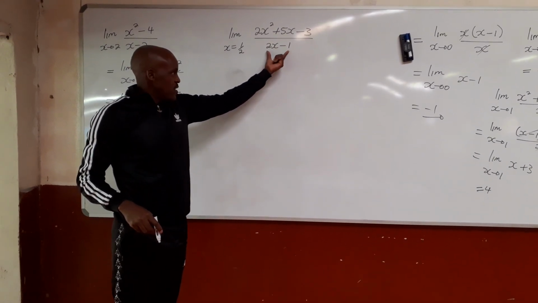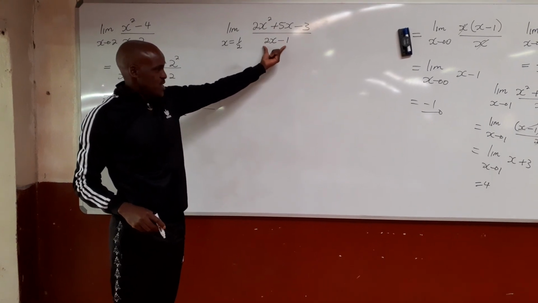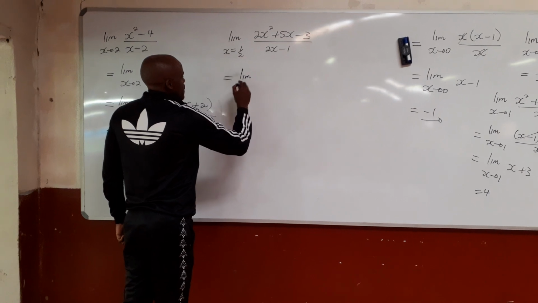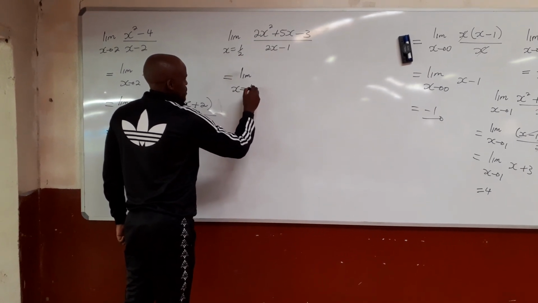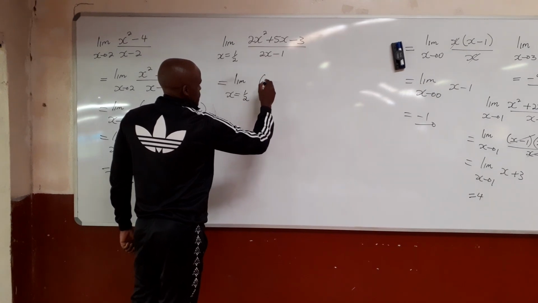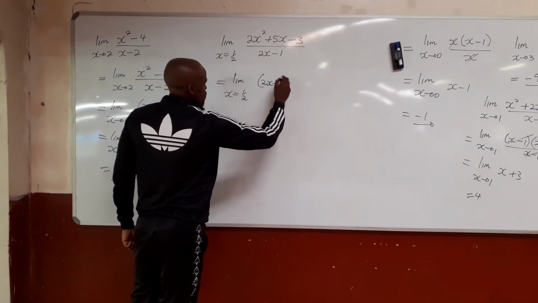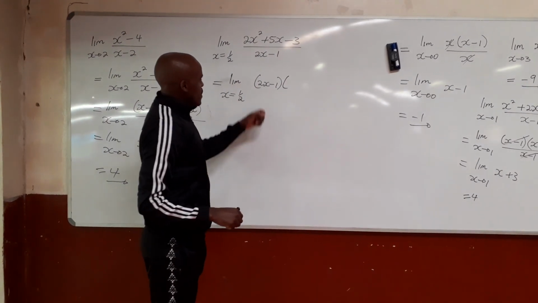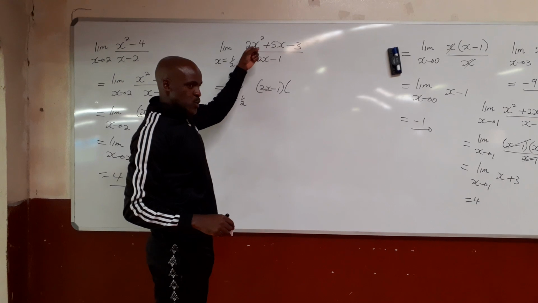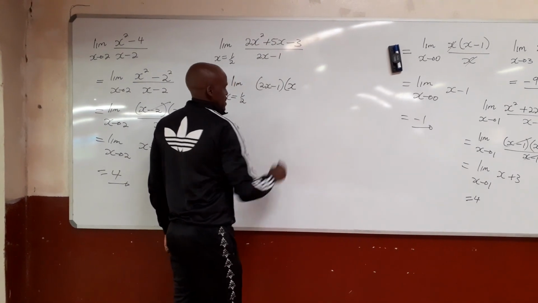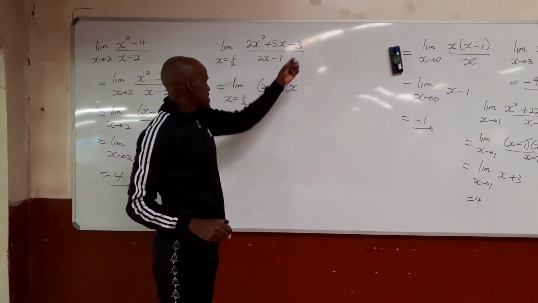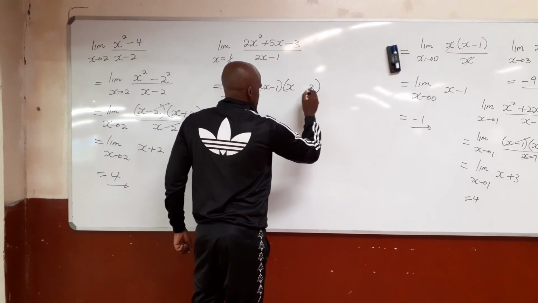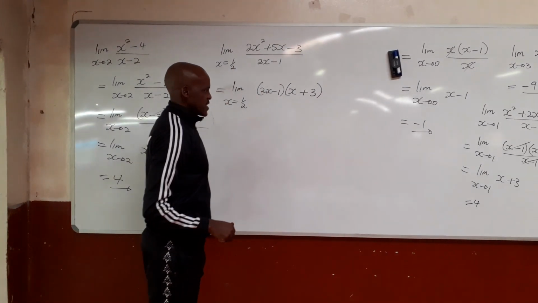Therefore, you have to factorize your numerator using this as your first factor. As x approaches 1 over 2, your first factor will be 2x minus 1, the denominator there, into, to find 2x squared, we need to put x there, and then to find 3 from 1, when you multiply, it's positive 3, so we are going to have plus 3.